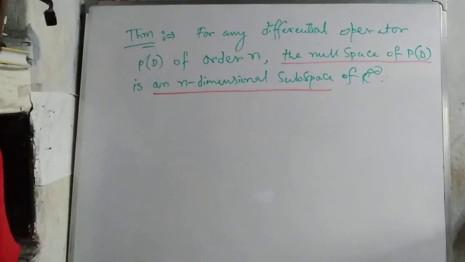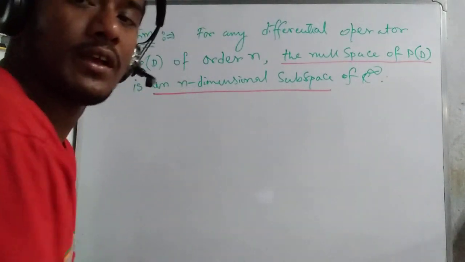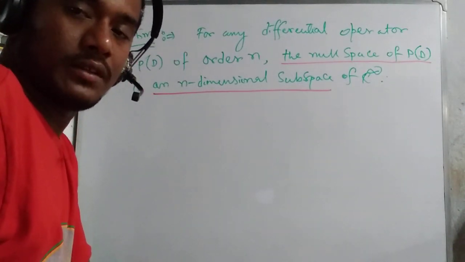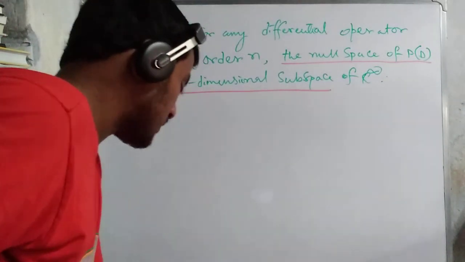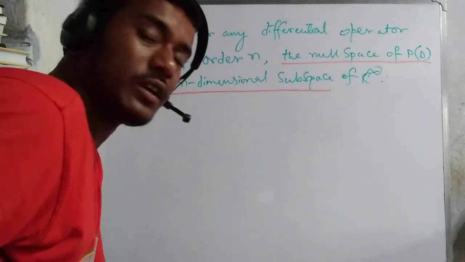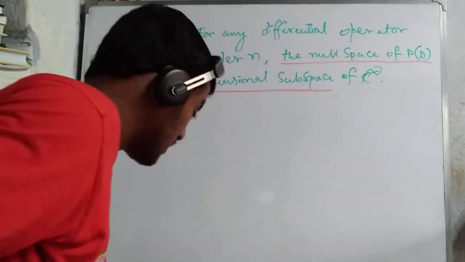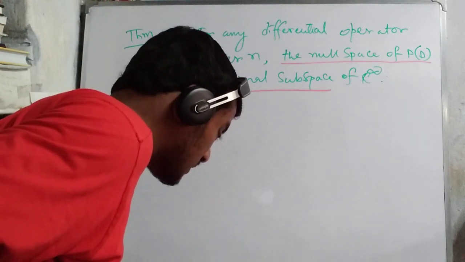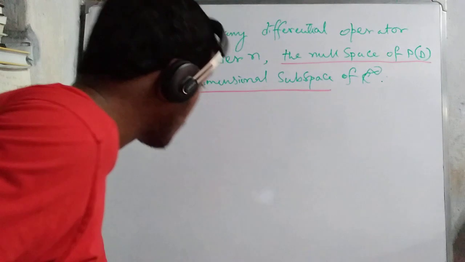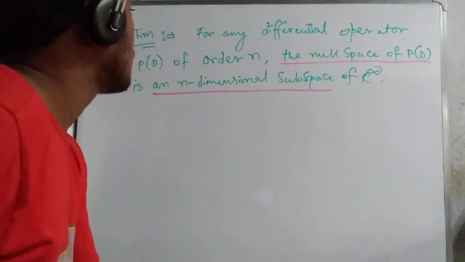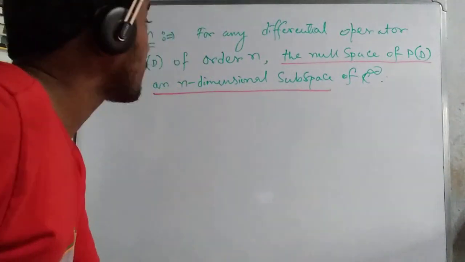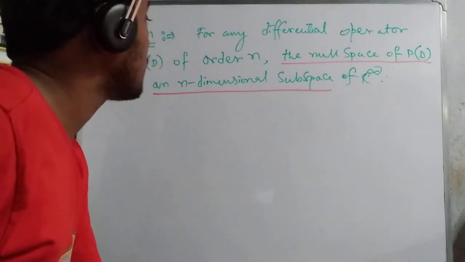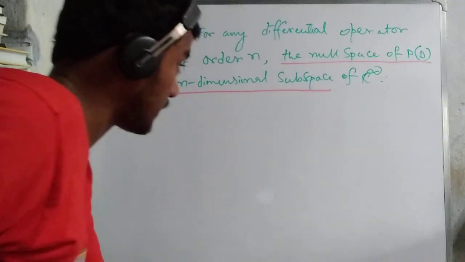And obviously if PD factors into linear factors, then the nullity of the factor is a subset of the nullity of PD. In this way we discussed these two easy portions, and we wrote it in this theorem way. The null space of PD is an n-dimensional subspace of C infinity.